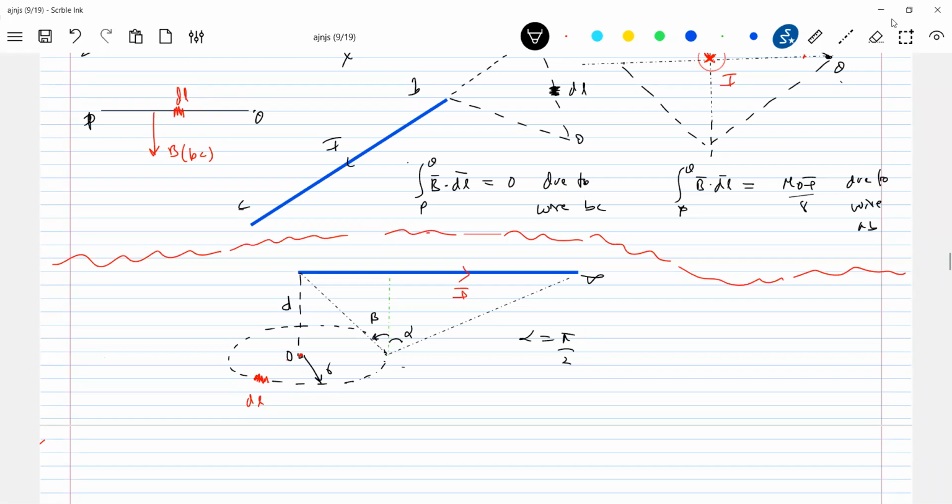Greater than mu naught I by 2, or less than mu naught I by 2. The value of B bar dot dl. Shall we put less than mu naught I by 2?